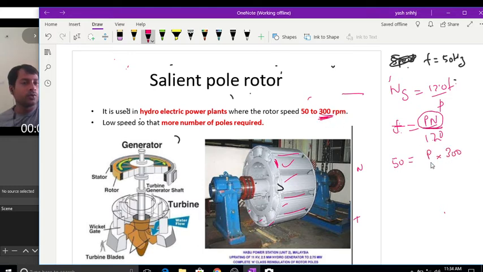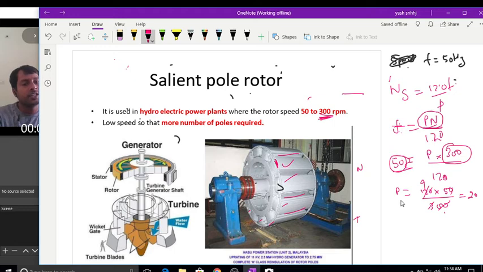Now P is equal to 120 into 50 by 300, which is 20 poles. You can see here 20 poles, a large number of poles. So for 300 RPM, to get a constant frequency of 50 Hz, it requires more poles.